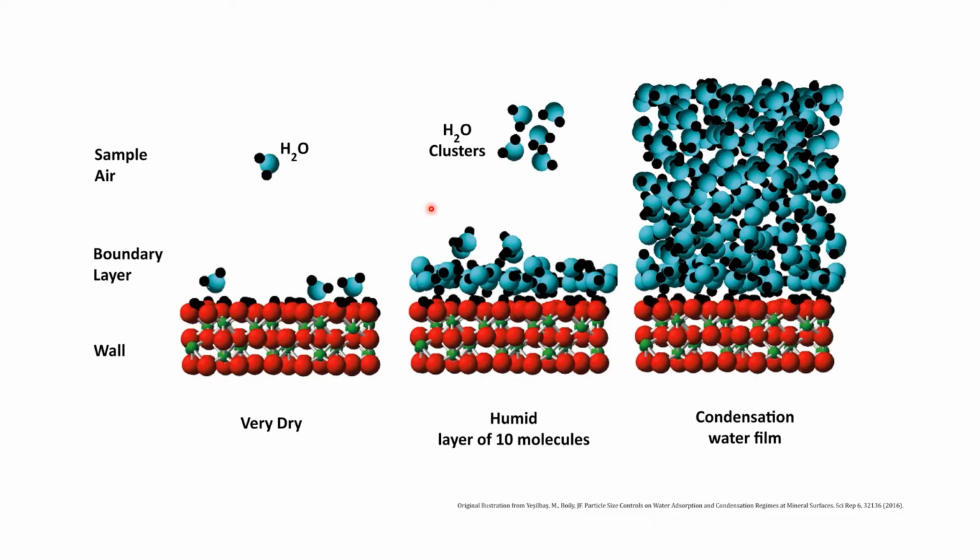In the middle, you see what happens when there is more humidity, like in ambient air. And then there will be a layer of maybe 10 molecules on the surface. And in this gas phase, in the gas cell, for instance, these humidity molecules will travel together in small groups, which are called clusters.